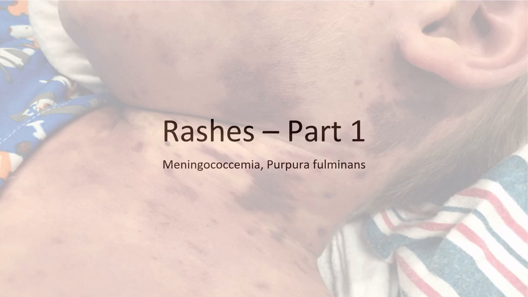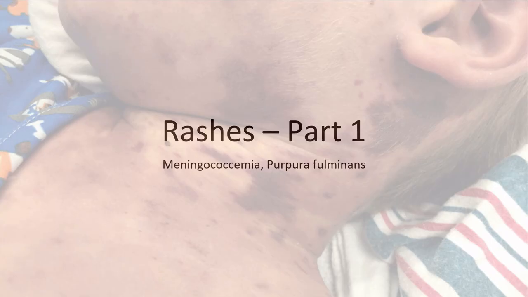We want to now start a new series which is about rashes, and the motivation for this is that rashes just pop up very frequently when you study microbiology, when you study viruses, but also when you study bacteria.